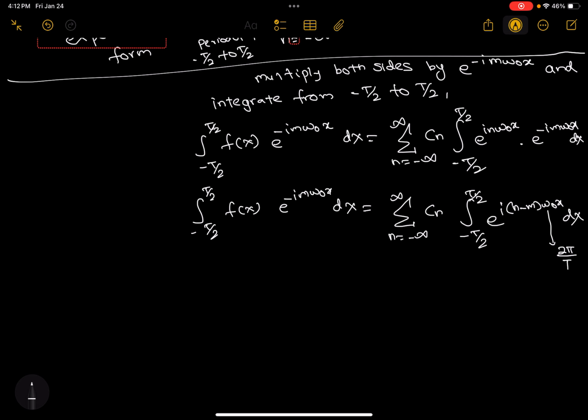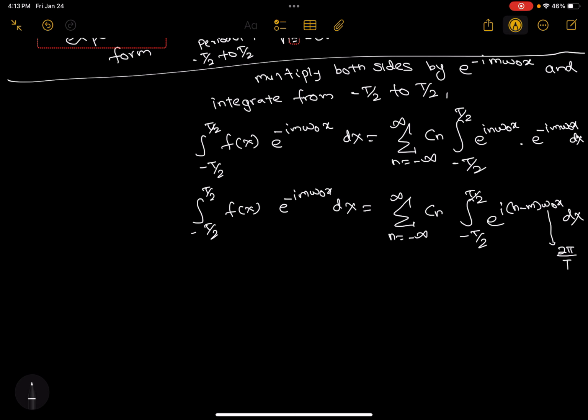The thing is, I'm just going to give you a big idea: these cosines and sines, except when n minus m is basically 0.